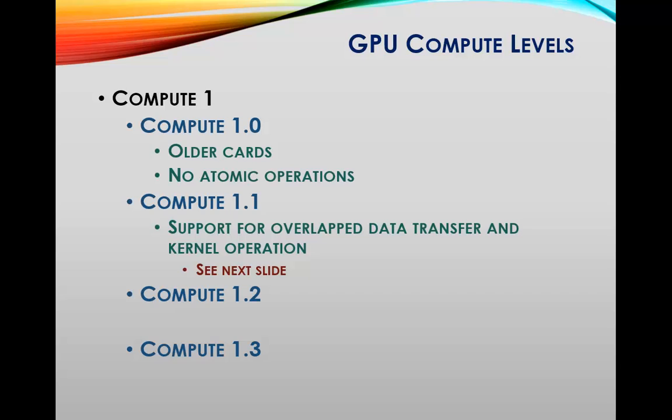The next revision is Compute Level 1.1, which is found on 9000 series cards, and it was extremely popular back then. They were based on G92 hardware as opposed to the Compute 1.0 devices that were based on G80 hardware. One major change designed into Compute 1.1 devices was support for overlapping data transfers and kernel executions.